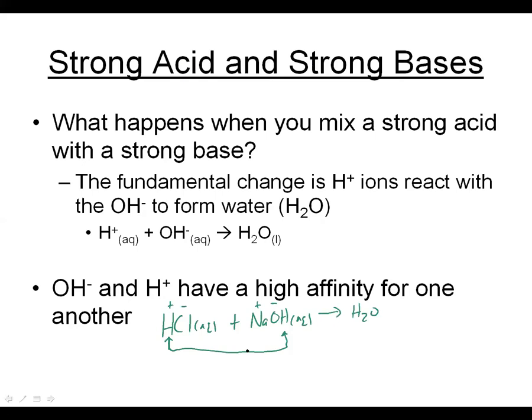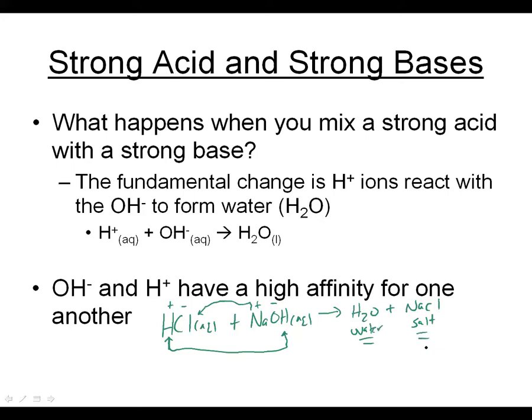So these guys are going to produce our water. And then we will also produce, when the sodium comes together with the chloride, sodium chloride, and this is what is referred to as a salt. So remember, in an acid-base neutralization reaction, these are the two guys that are always formed.